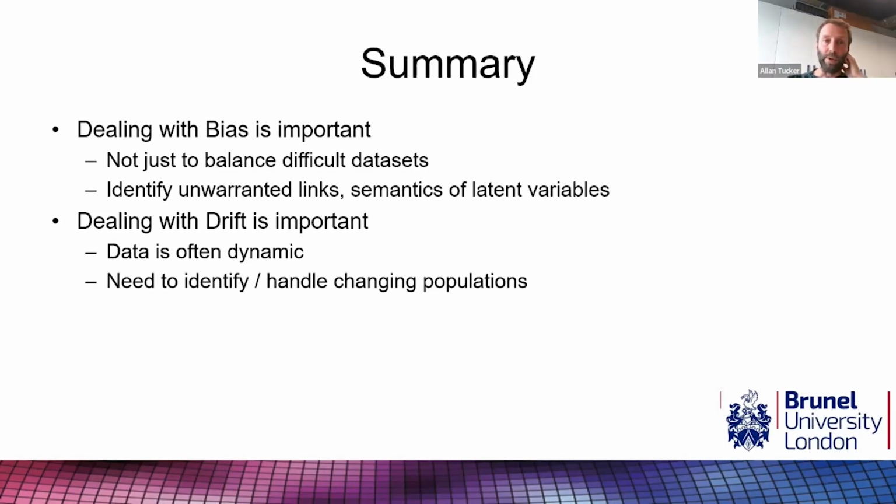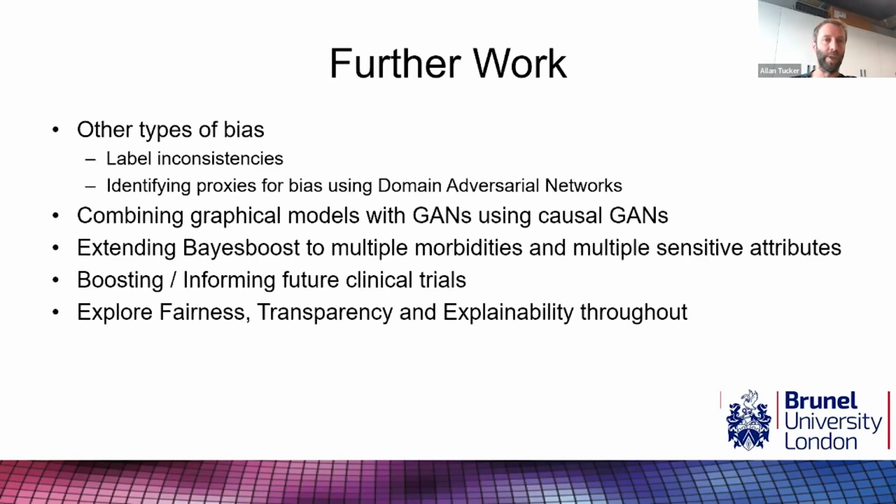We've also seen the importance of drift and how data, especially when it's coming out relatively quickly, whether that's weekly, monthly, or annually, it's dynamic and data will change and populations will change over time. So it's important to identify these changes in performance in models that are built from synthetic data sets.